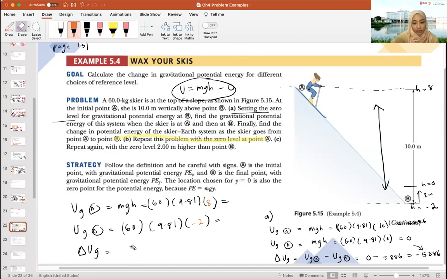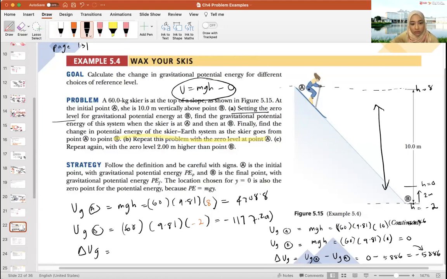And what would I get as the answer? 60 times 9.81 times 8. So I would get this as 4708.8. 60 times 9.81 times minus 2. I would get this as minus 1177.2.